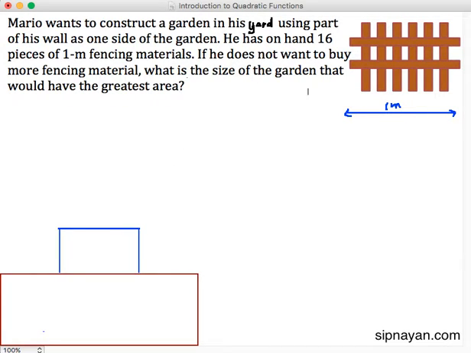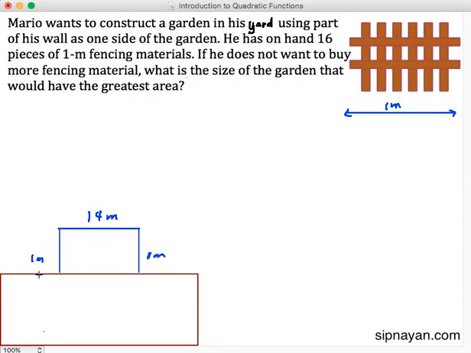At kung mapapansin niyo, meron tayong 16 pieces. Ang assumption natin is bawal itong putulin. So, if you want one fencing material here, 1 meter, this is also 1 meter. 16 siya, diba? So, pag nabawasan na ng dalawa, magiging 14 meters na lang to, no?